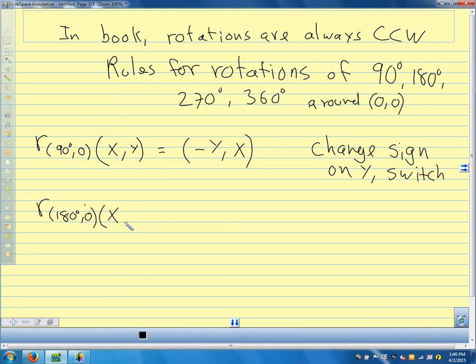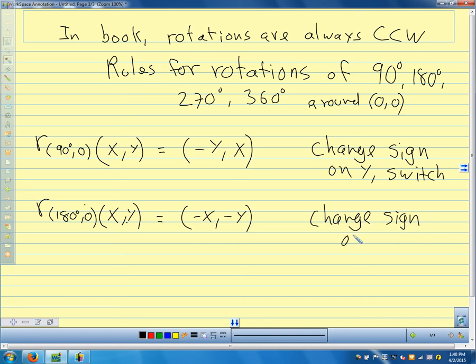Change the sign on both. So if you decide to rotate your figure in your project 180 degrees around 0, 0, to get your new points, all you need to do is change the sign of your x and your y.